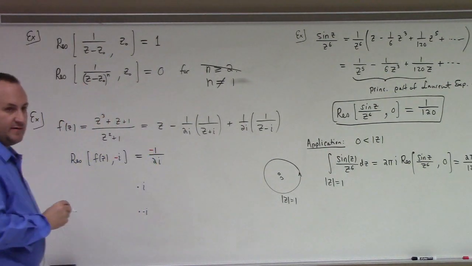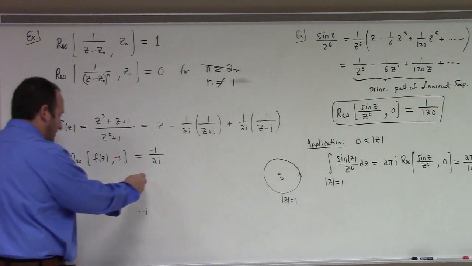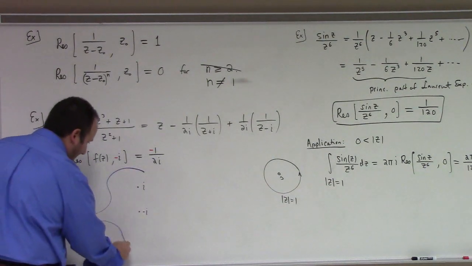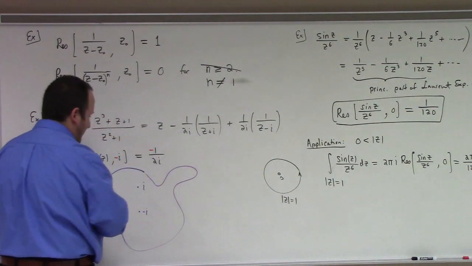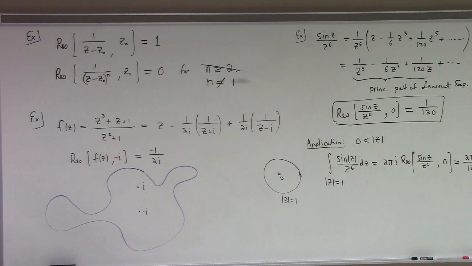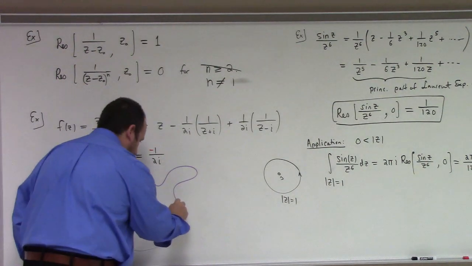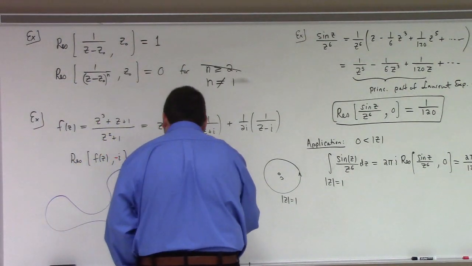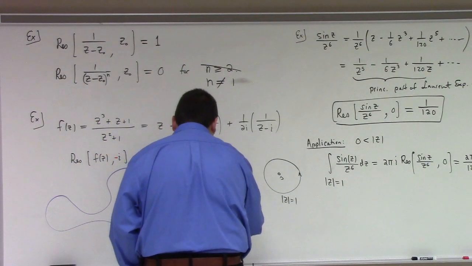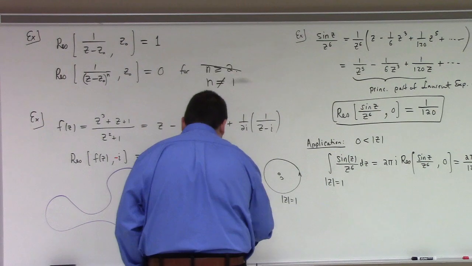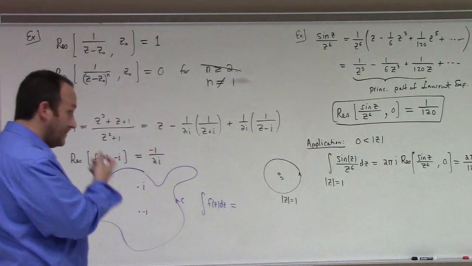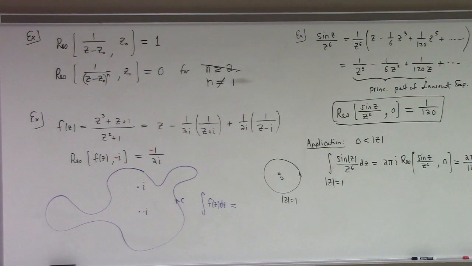So actually it doesn't matter. Take literally any curve that encircles both of those, in the counterclockwise sense. Then the integral of f of z dz is what? It is 0, yes.